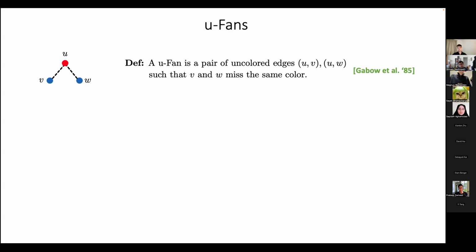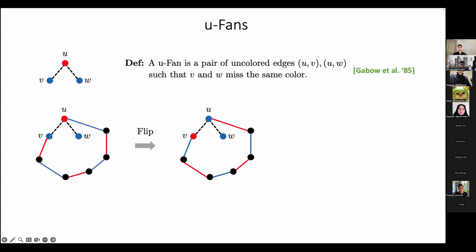And the reason that this is useful is because now if we just consider this red-blue path that's coming out of U, and it does happen to end at V, if we flip this path, it will be the case that we cannot extend the color to this uncolored edge UV. Just like before, this is now going to be a problem.